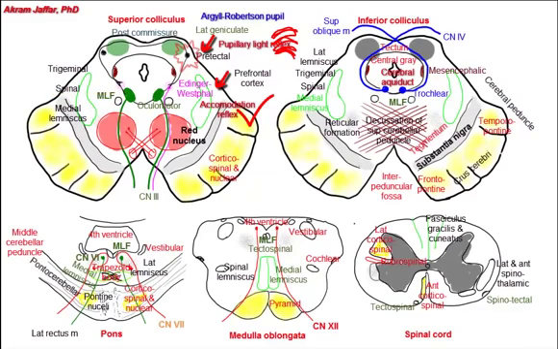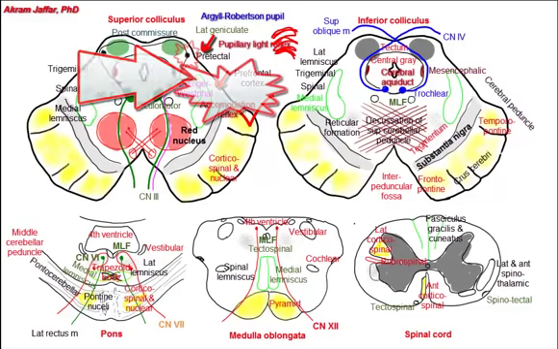The effect could be a direct effect of the compression, ipsilateral, on the same side of the compression, or it might be contralateral because the herniated part might push the midbrain against the sharp edge of the tentorium on the contralateral side.